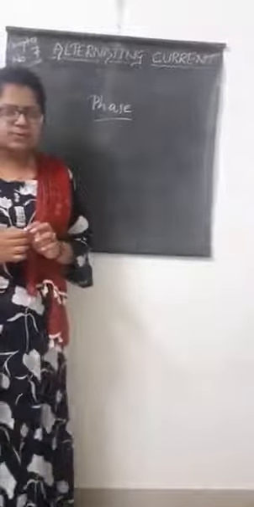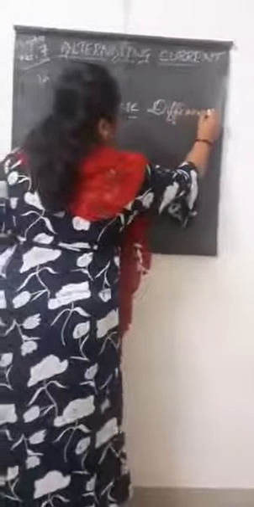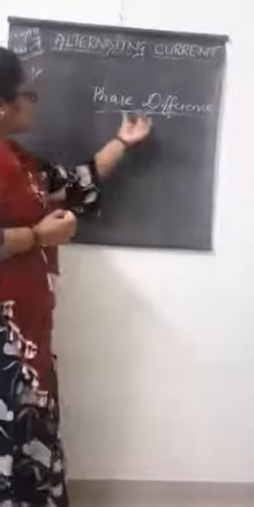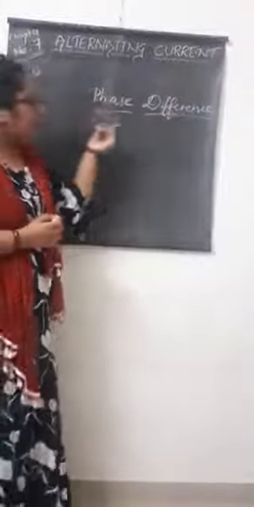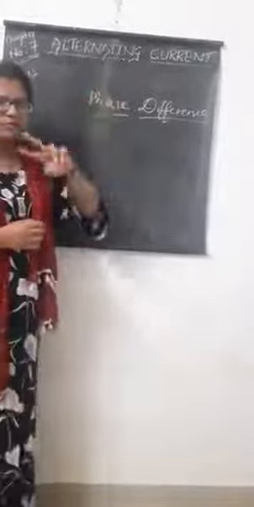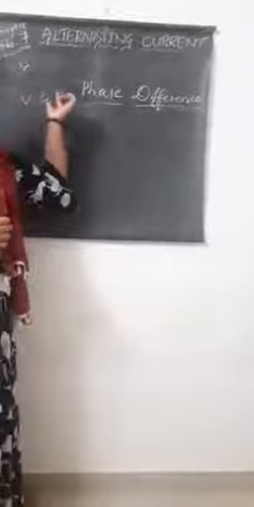As I told you in the last class, today I am going to discuss one more important parameter related to alternating current, that is phase difference. When you think about alternating current, you are dealing with two quantities: alternating voltage and alternating current, which we can also call instantaneous voltage and instantaneous current.